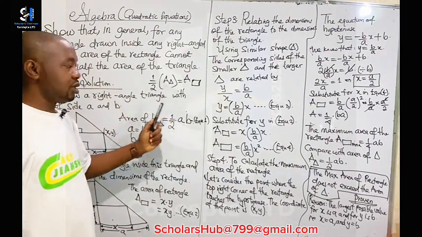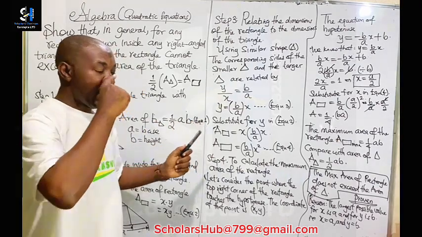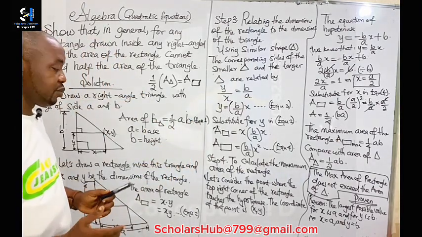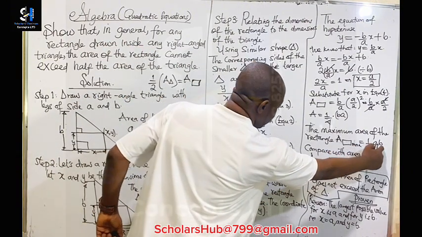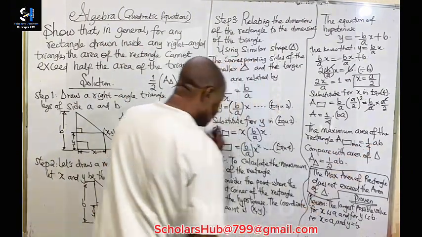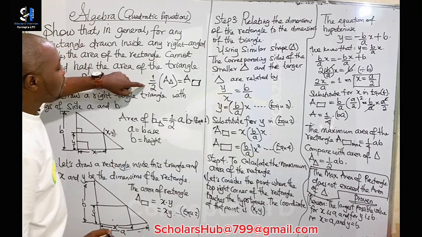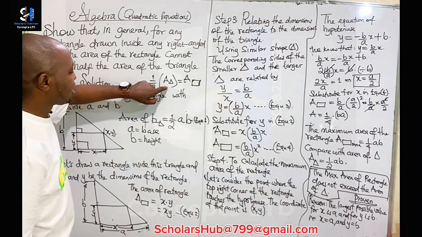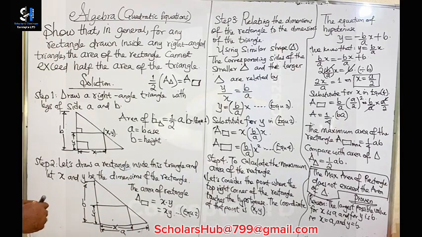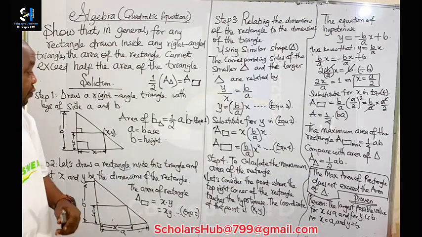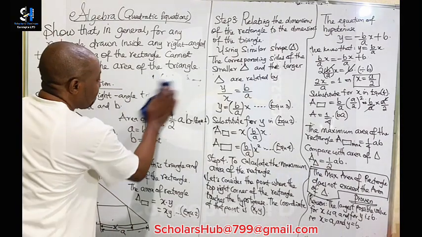So if I put that here, it will be 1/2 times 1/2, that's half times half, which equals 1/4. And that is what we have here, 1/4 AB. So the area of the triangle times 1/2 will be equal to the area of the rectangle. Let me write that here.